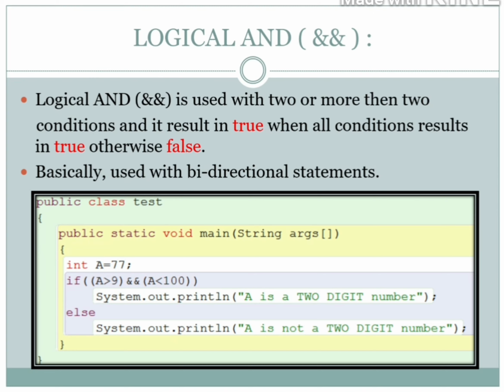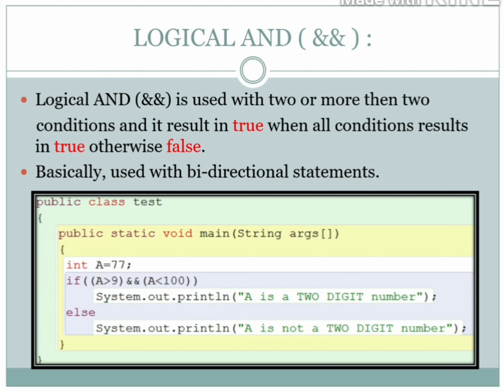See, if I want to check whether a given number is a 2-digit number or not, then what is the basic condition for a 2-digit number? We know after 9 comes 10. 10 is a 2-digit number. And when does a 3-digit number start? From 100.